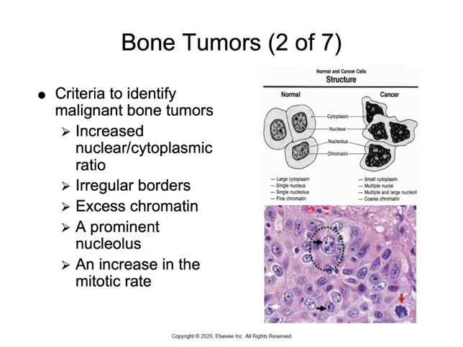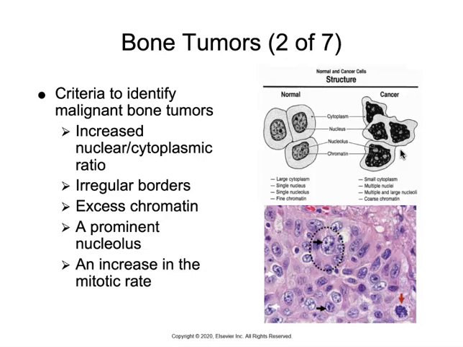And these cells are going to show increased nuclear to cytoplasmic ratio. And you could see that pictured over here where our nucleus is much larger than the cytoplasm. We'll also have irregular borders and excess chromatin.